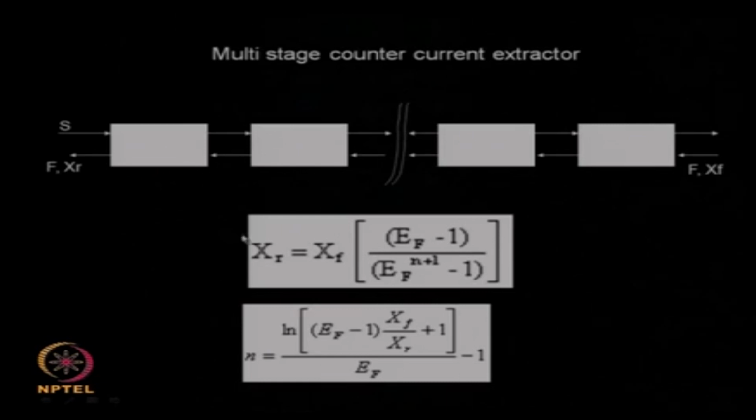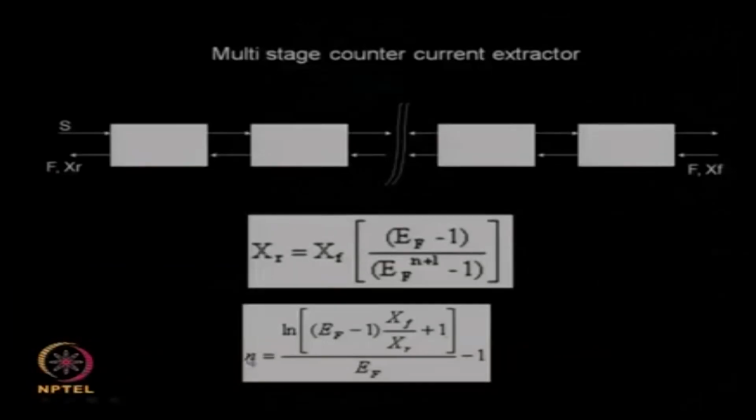So if you do that, you can do a mass balance for each of these stages, and when you do a mass balance you can connect the concentration of the solute that is entering from the feed with the concentration of the solute that is leaving the train of countercurrent stages with the solvent, and of course you assume that the solvent entering your extractor train does not contain any solute.